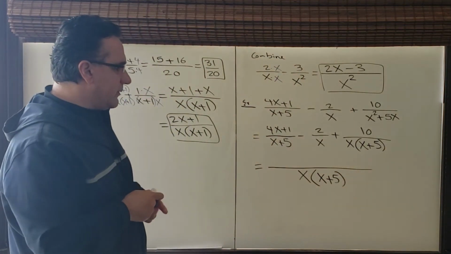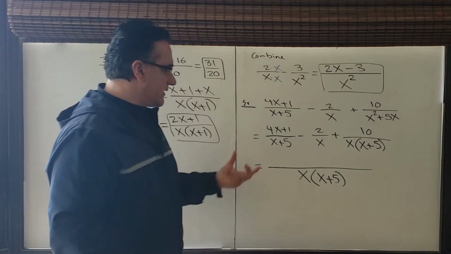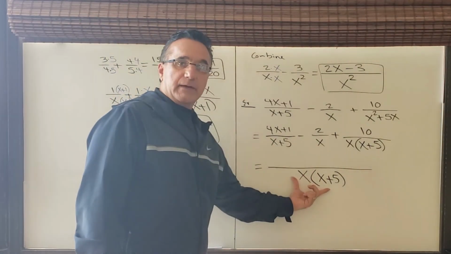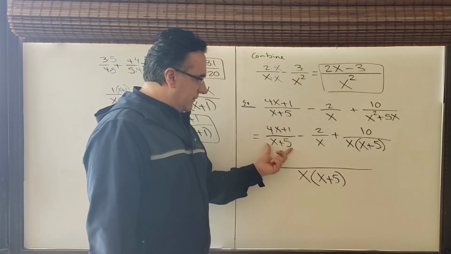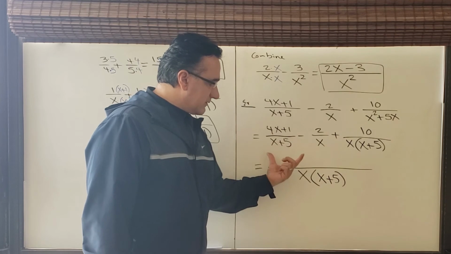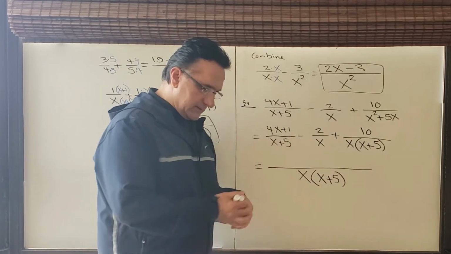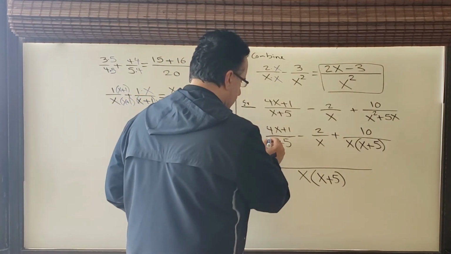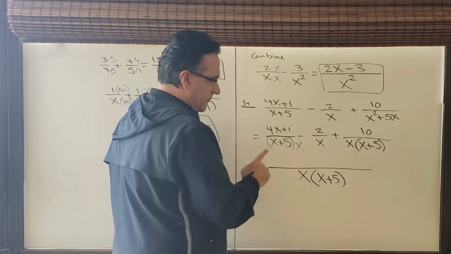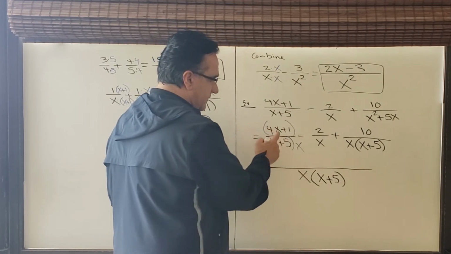All right, now we're going to go ahead and make sure that each of these denominators become that common denominator. So for this denominator to become this common denominator, it's missing a factor of x. Exactly. So we're going to go ahead and parenthesize it since it's more than one term, and we're going to multiply it by x, and we're going to do the same thing here.